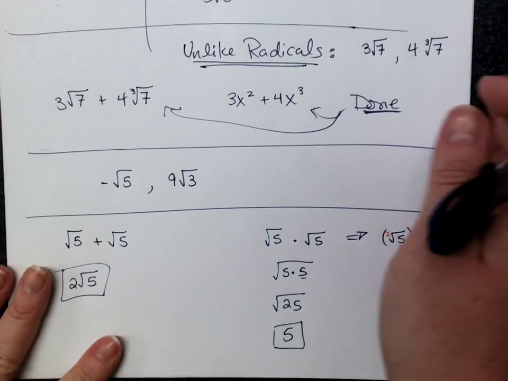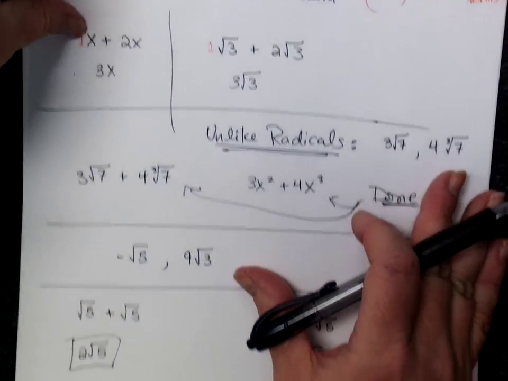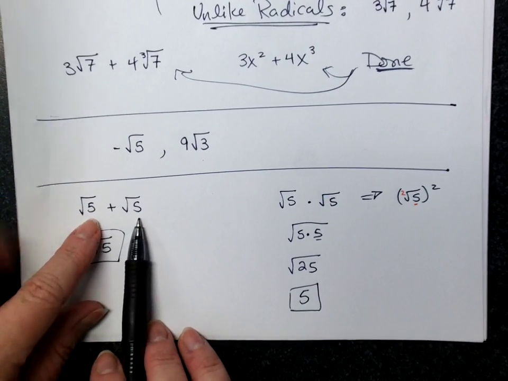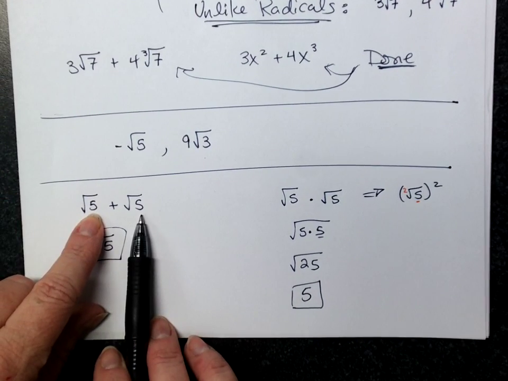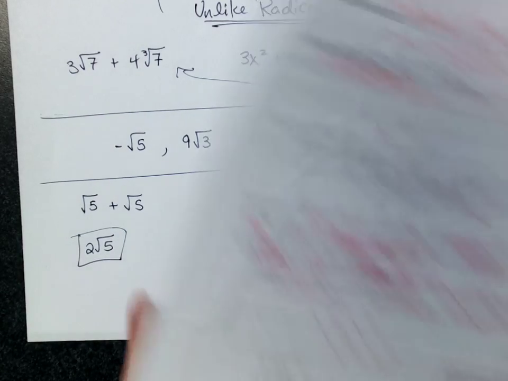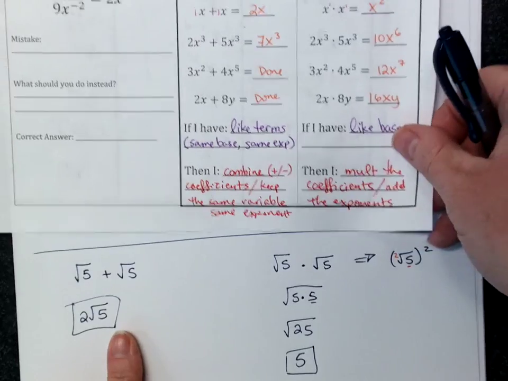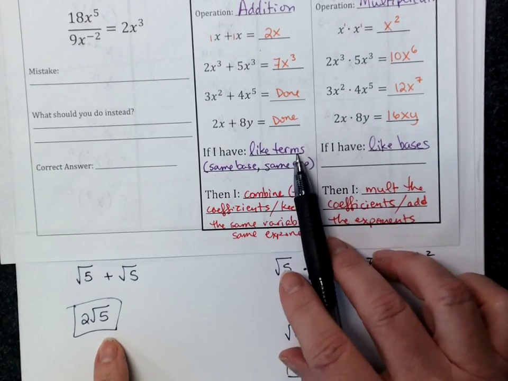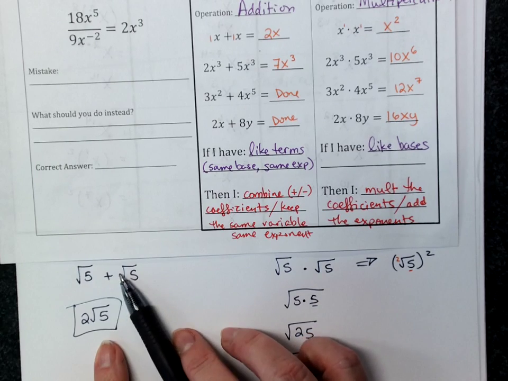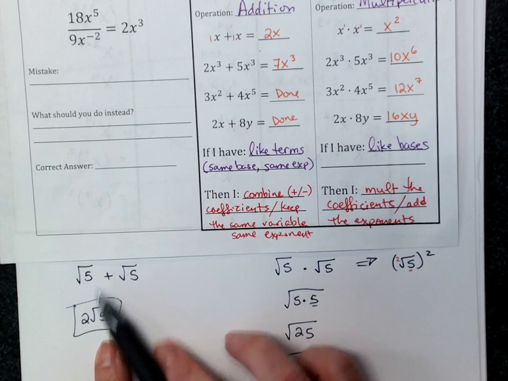Now, by the product rule, just to be clear, you don't have to have like radicals to use the product rule. The only way you can add radicals is if you have like radicals. Just like for adding, you have more rules. You have to have like terms, which is same base, same exponent. To add radicals, you have to have the same radicand and the same index, like radicals.